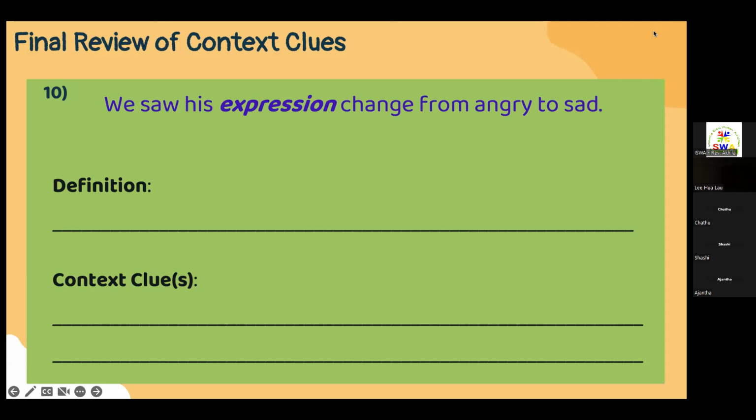You want to give it a go? Expression meaning is a statement, sir. Statement. So actually, that's a good try, but that's not what it means here.